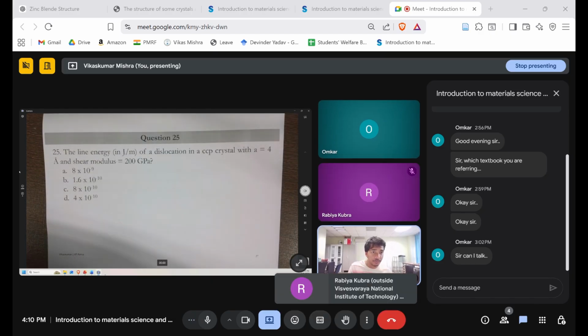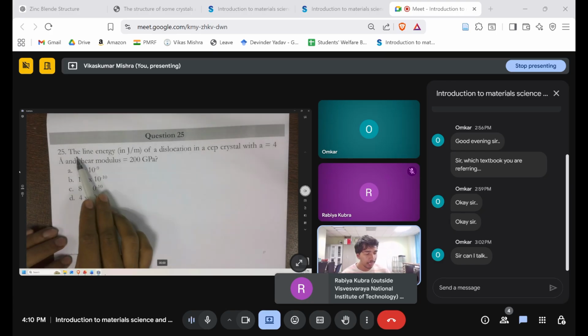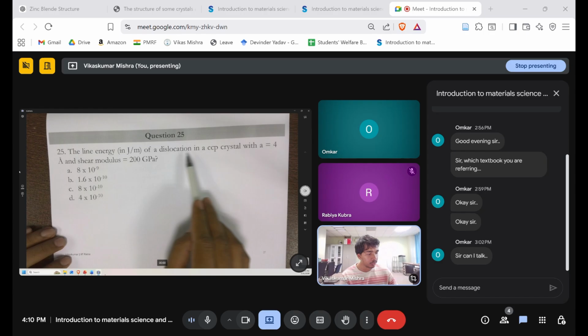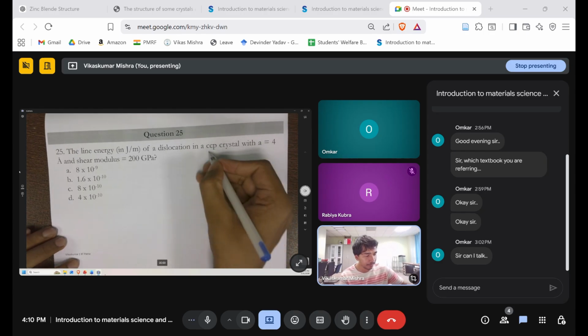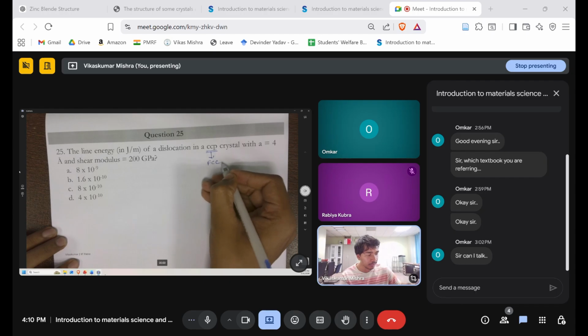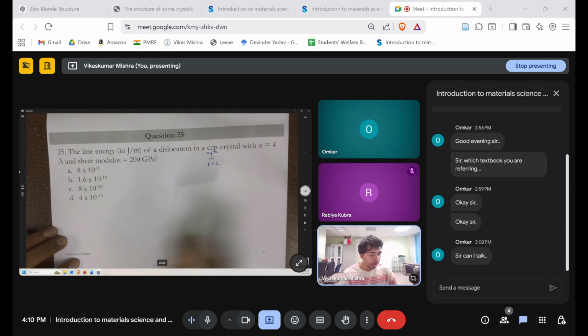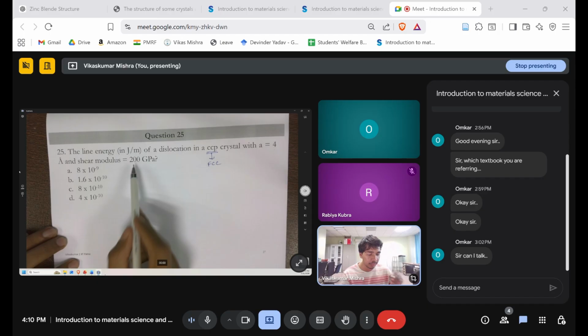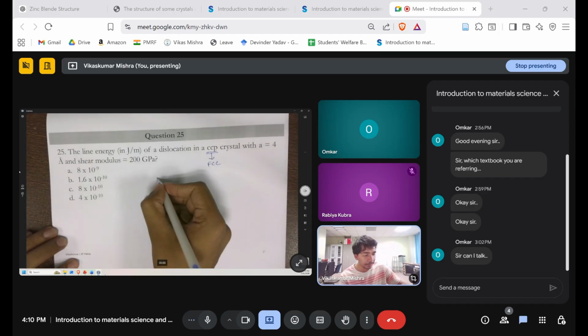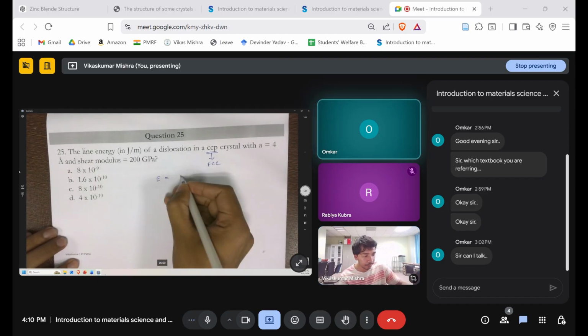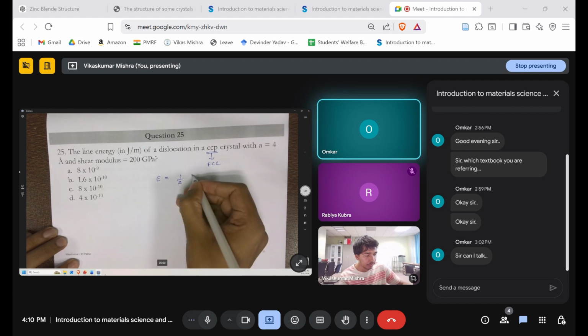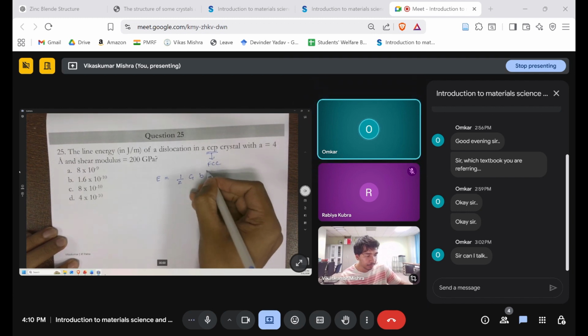Next question, question number 25. In question number 25 we have the line energy given, the line energy in joule per mole of the dislocation in the CCP, cubic close pack. It has the FCC structure, lattice, with a equal to 4 Angstrom and the shear modulus is given to us. We have to find the energy, half of G B square.